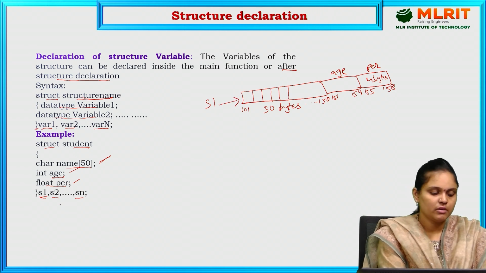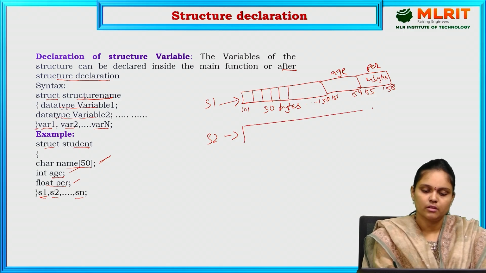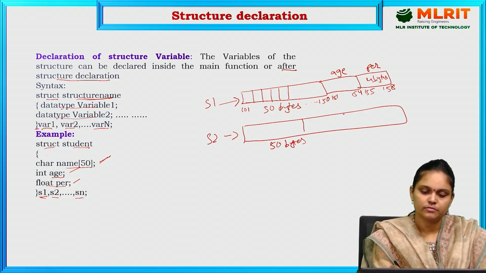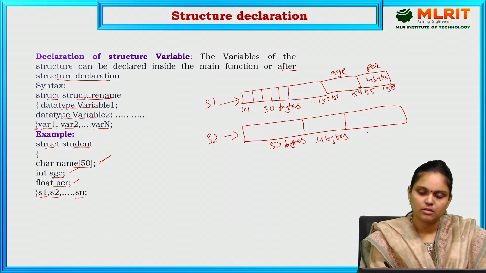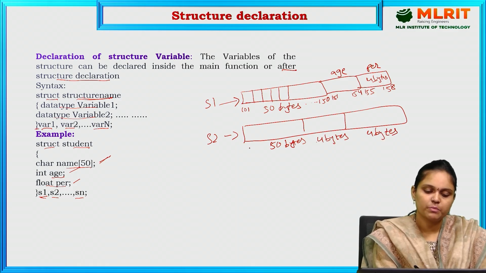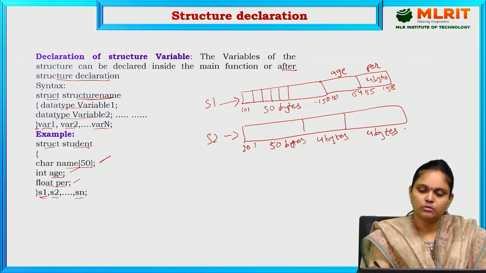And similarly, if you have created S2, for S2 also it is the same. For name 50 bytes, then for age 4 bytes, and then for percentage 4 bytes of memory will get occupied. Consider the memory started from 201 to 258.